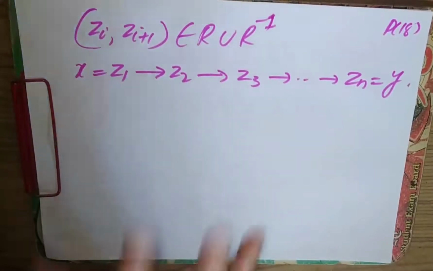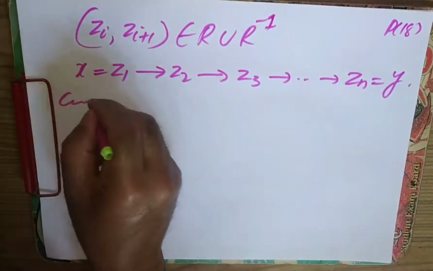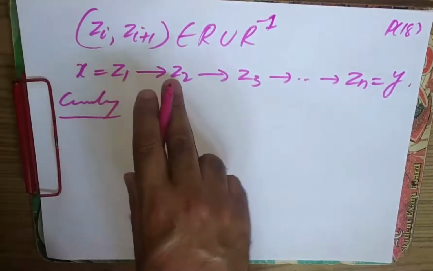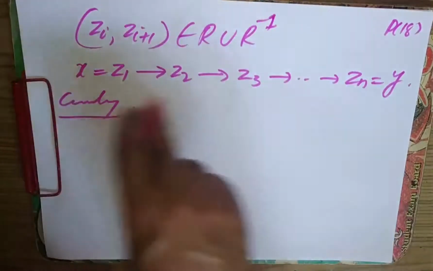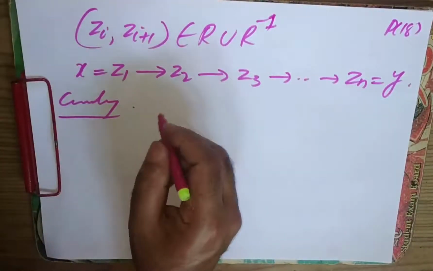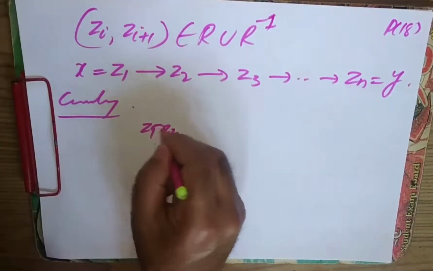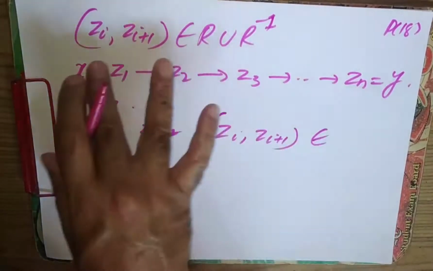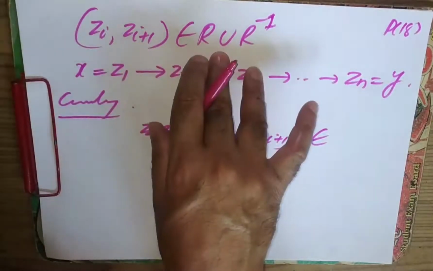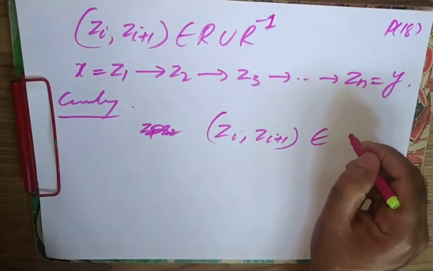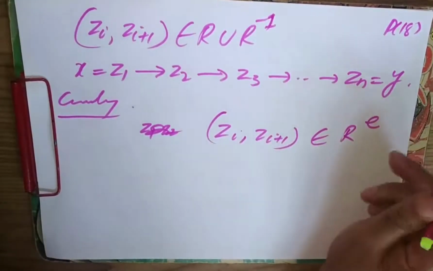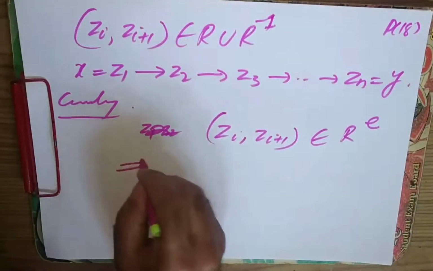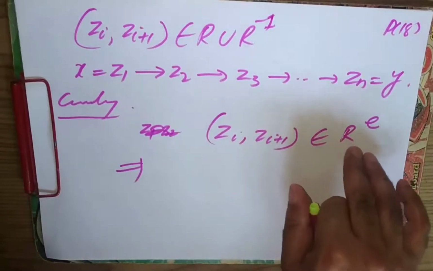And conversely, if there is a transition like this, then Z1 comma Z2 belong to this. They are all in this. So in general, Zi comma Zi plus 1 belongs to R union R inverse, so it means that it belongs to Re as well, because Re is equal to R union R inverse union Ix power infinity, and this relation is an equivalence relation.